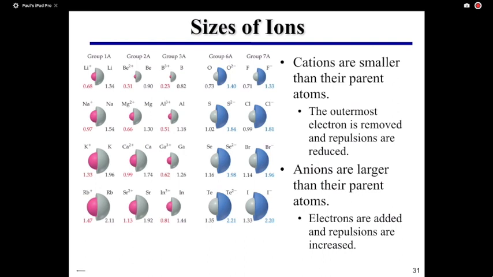And so here, lithium starts off relatively large, and as I go across, it gets smaller. Okay, but look what happens when I lose 1, it gets small. When I lose 2, it gets really small. And when I lose 3, it gets tiny. And so as I lose, I get really, really tiny. All right, as I gain electrons, I get big, okay?